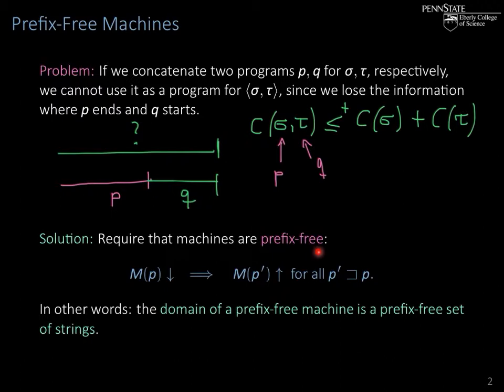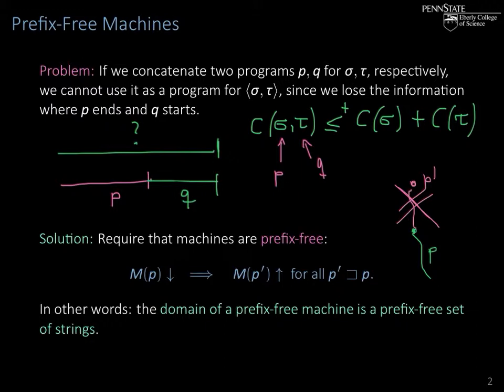Those machines are called prefix-free, and the definition is just: if a machine converges on an input P, then it must diverge on all extensions of that string P. So in pictures, if a machine converges on string P, then for any extension P prime of this P, our machine would not converge on this string.